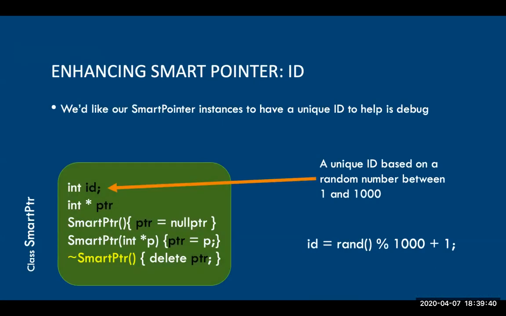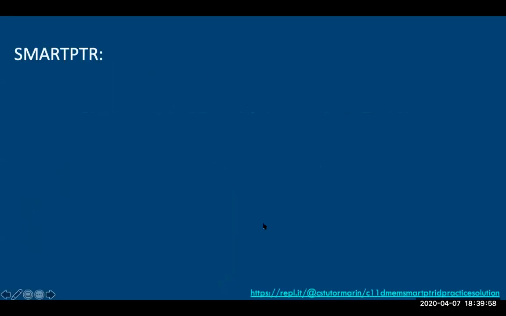Then inside of the constructor, set that ID to some random number. That way, when we print out some description of the pointer, we have a statistically unique ID for that pointer, and we can debug things a little better. That's going to be our first task.